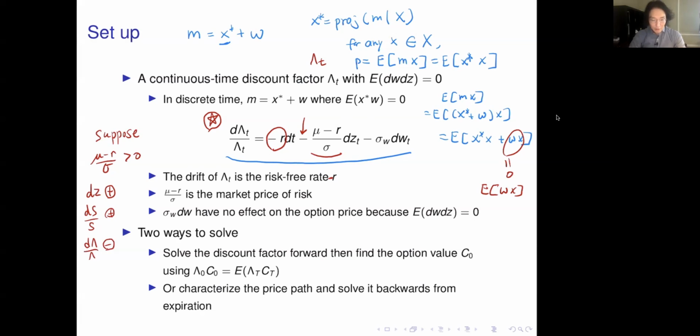In other words, the stock S pays off, is going to have higher returns in good times.